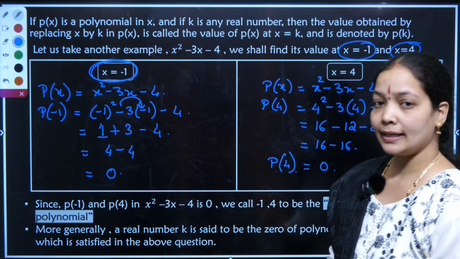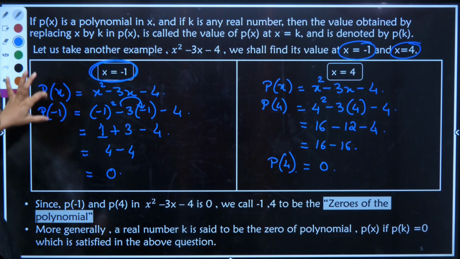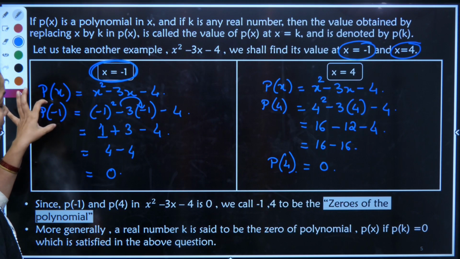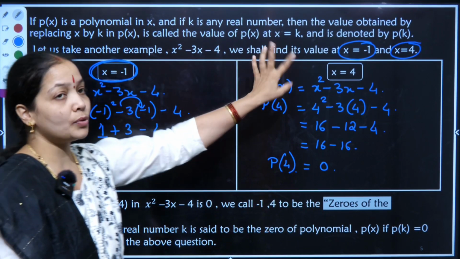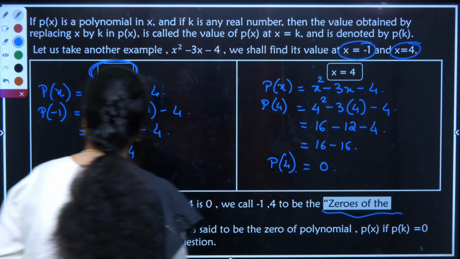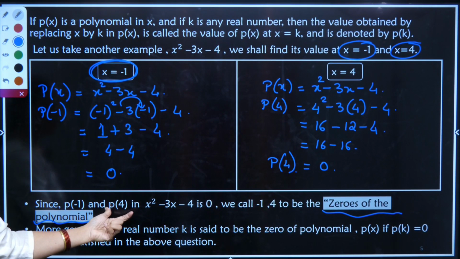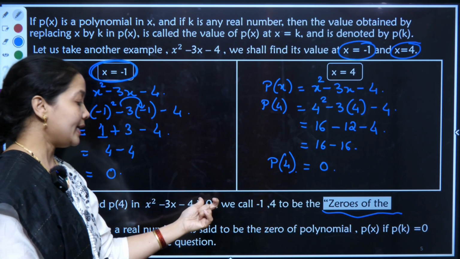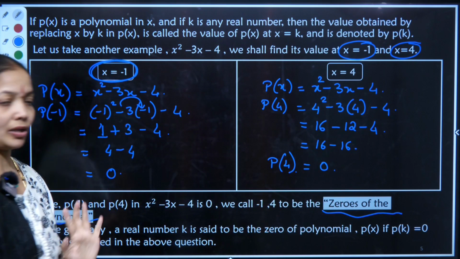So we can easily analyze that when any equation is provided to us and we substitute one value of that variable and the end answer is 0, then we call those two values the 0 of the polynomial. So, P of -1 and P of 4 in the given equation x square minus 3x minus 4 is 0. Therefore, -1 and 4 will be called the 0 of the polynomial.